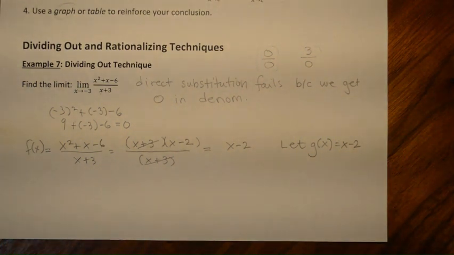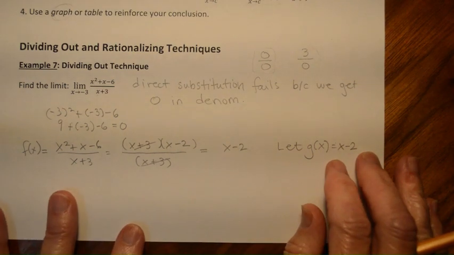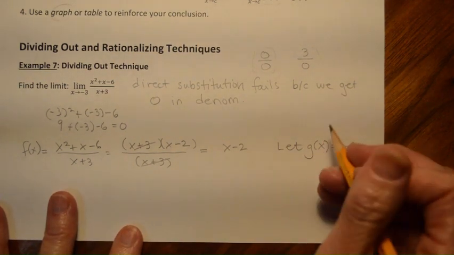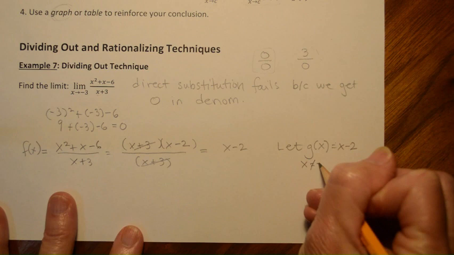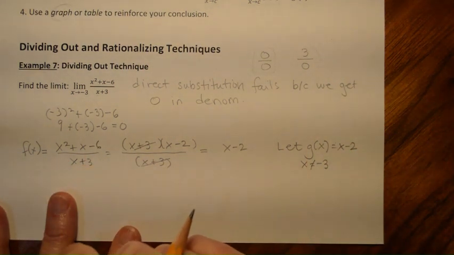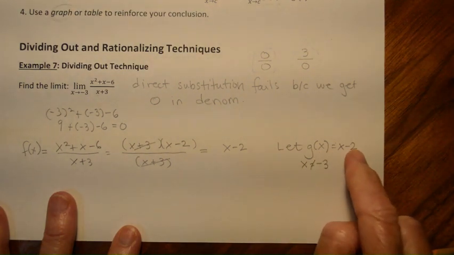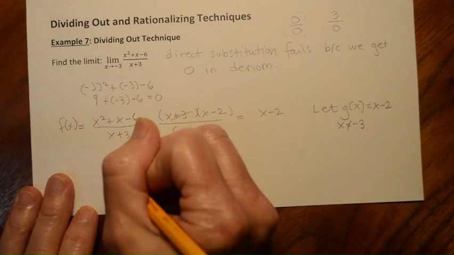That's exactly what theorem 1.7 asks us to do, which is to find that function g of x. As long as x is not -3, g of x and f of x are identical. But again, g of x is defined at -3, and therefore we can use theorem 1.7.